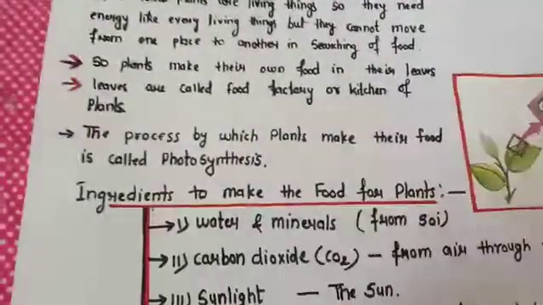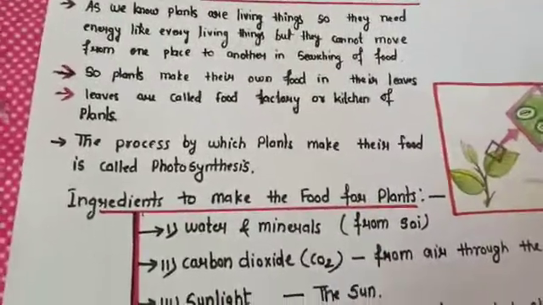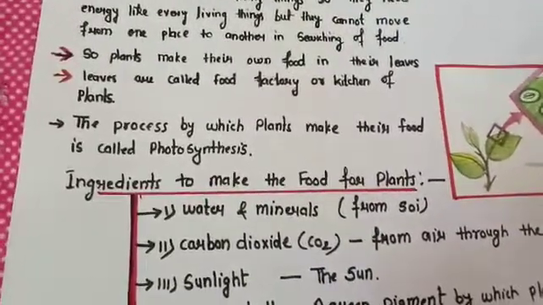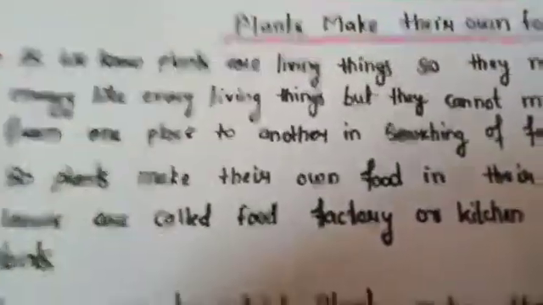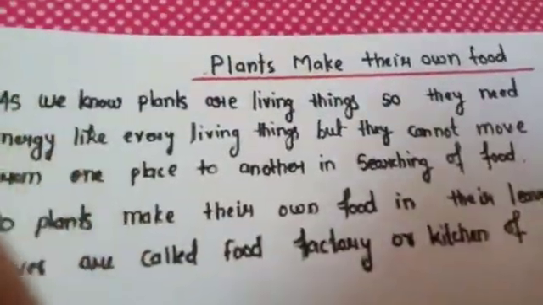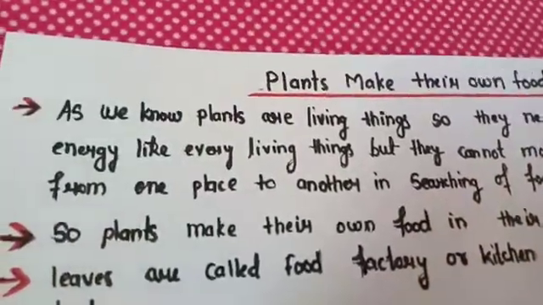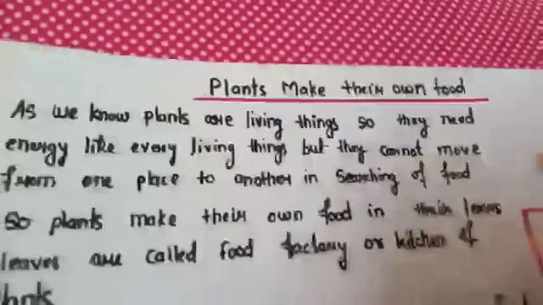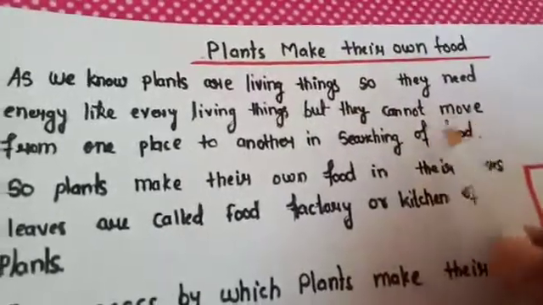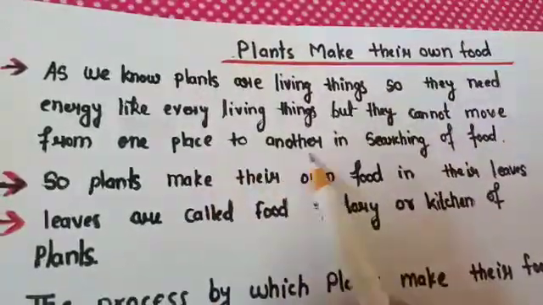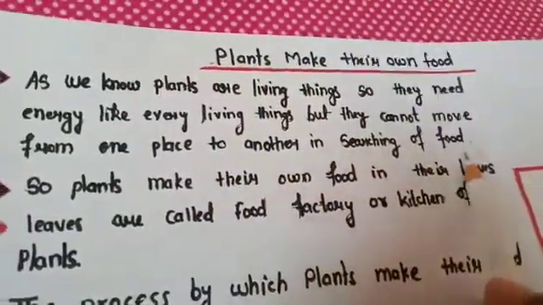In this chapter we will study about photosynthesis and the ingredients of photosynthesis and the products of photosynthesis. So as we know, plants are living things, so they need energy like every living thing, but they cannot move from one place to another in search of food.